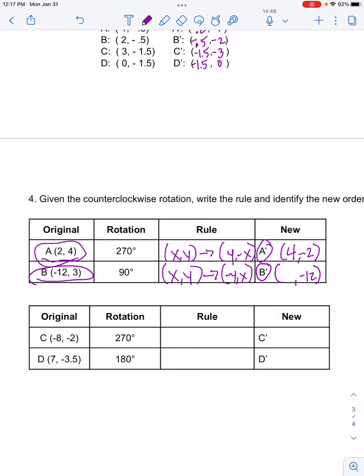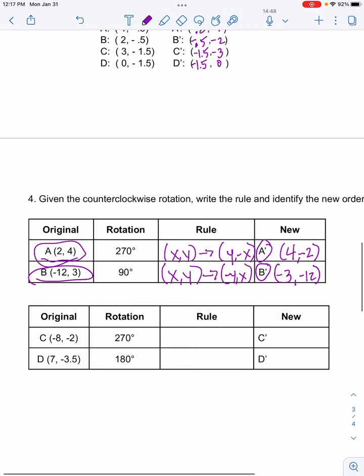And the Y value is going to switch to the X spot but be opposite. We did the same rule above. And if we apply that rule, our Y number is going to switch spots but keep its sign. Our X number is going to switch spots and change to the opposite.